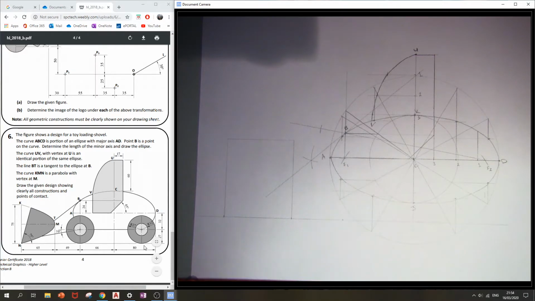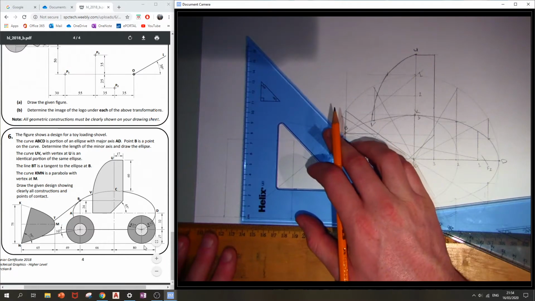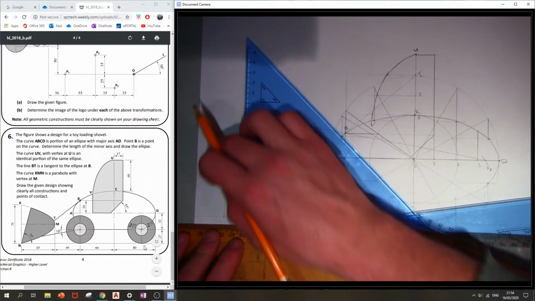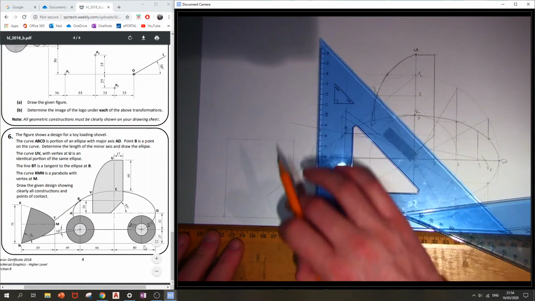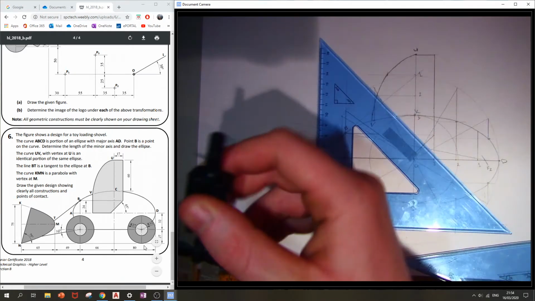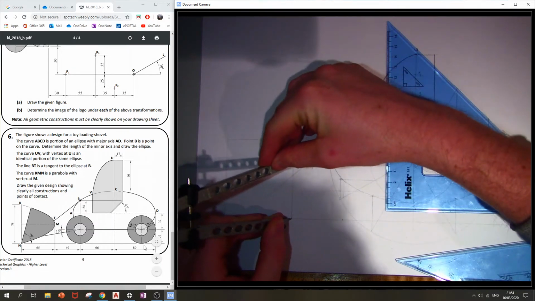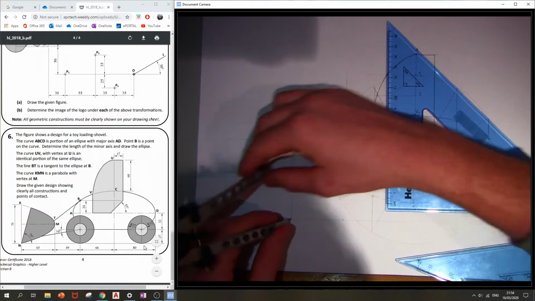Now what I need to do is draw a parabola in this. So I need to find the vertex M. I know the vertex M is under 75, so I know it's halfway between these 2 points. I can measure half of 75, or to make sure that I'm fully right, I can just bisect that line, which I'm going to do.